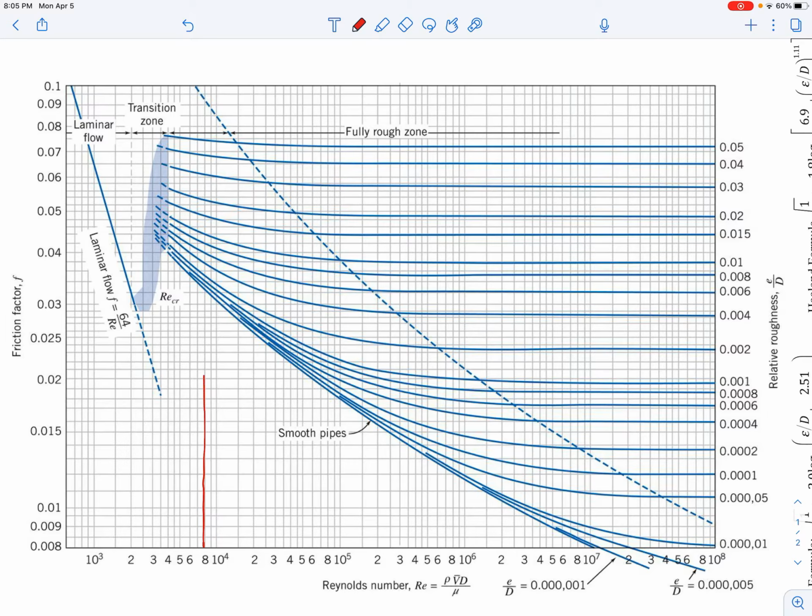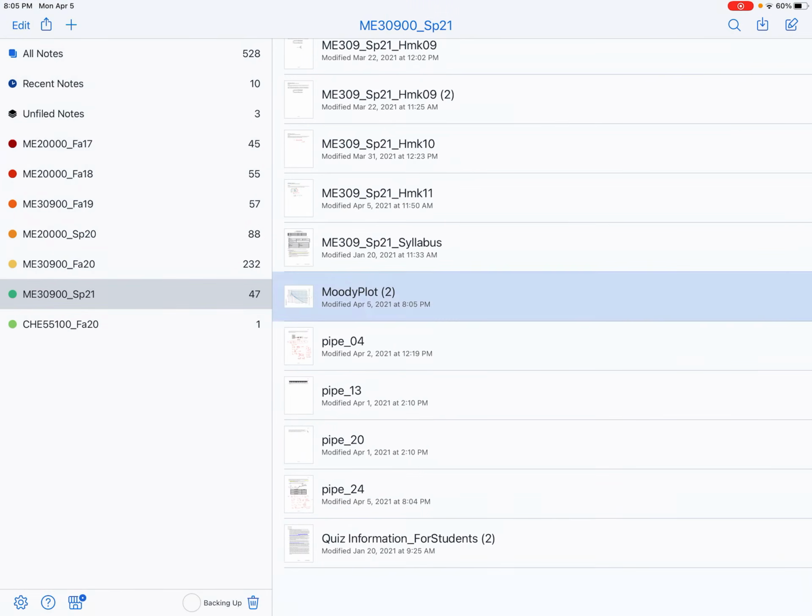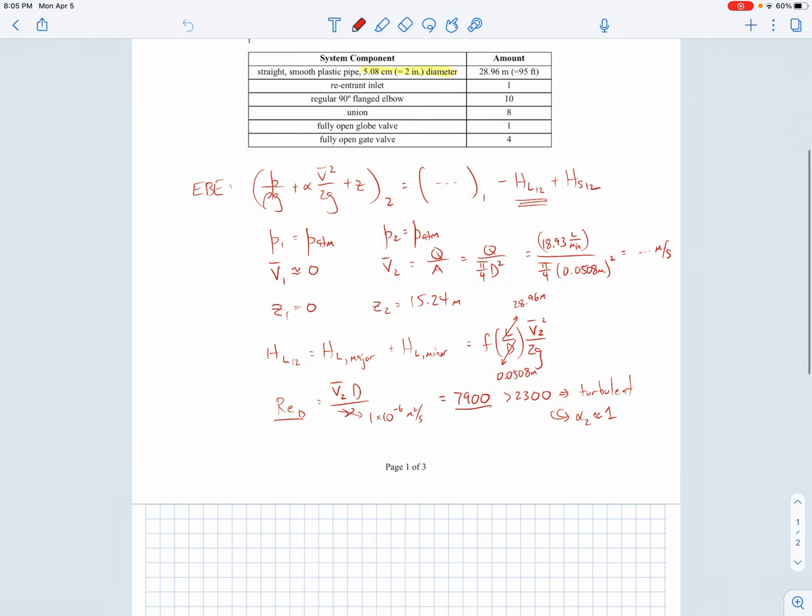I'll do my best to draw a straight line. We intersect with that smooth pipe line, and then we come over to there. And so when I did this a little more carefully before, I came out to about 0.033 for my friction factor. It's an approximate value, okay? So now we know our friction factor. Let's go back to our problem.